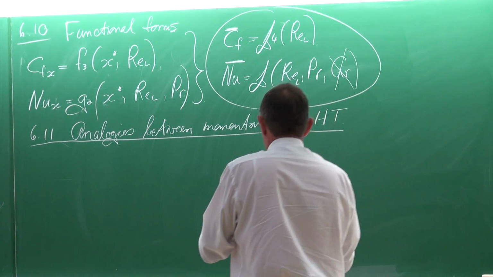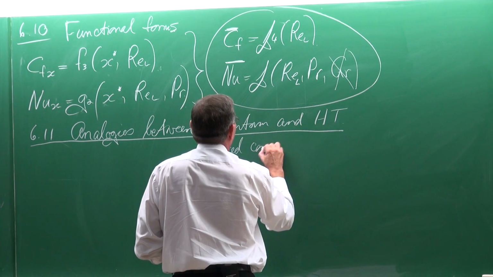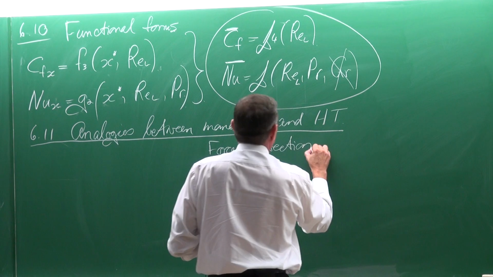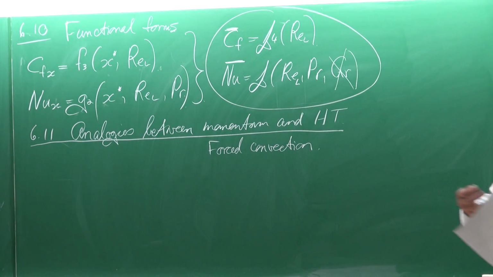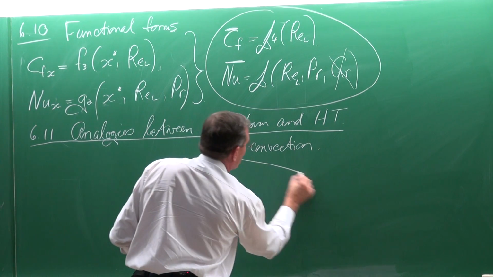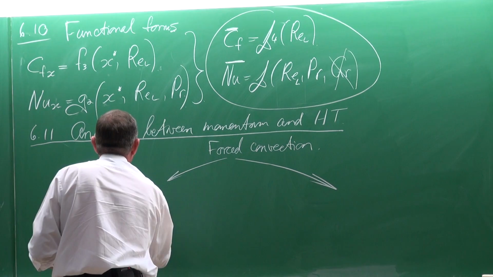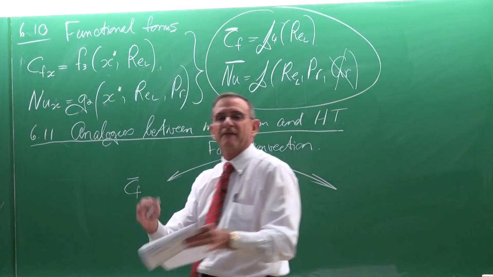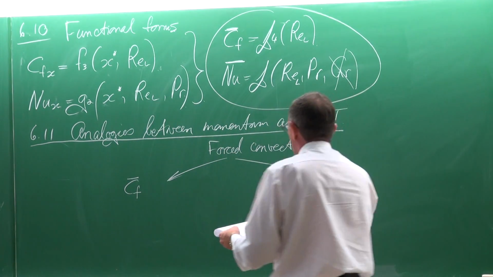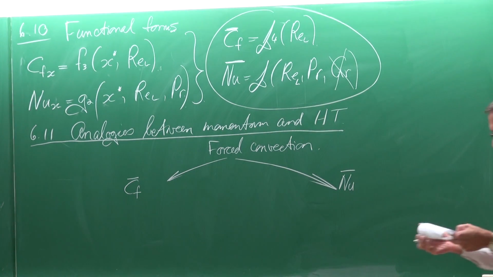It shows that if you are interested in forced convection, forced convection means there's flow and there's heat transfer simultaneously. If you do that, then there are two things that you are normally interested in. The first one is to get the friction coefficient, or the average one. And the second one is to get the Nusselt number, or again, the average Nusselt number.